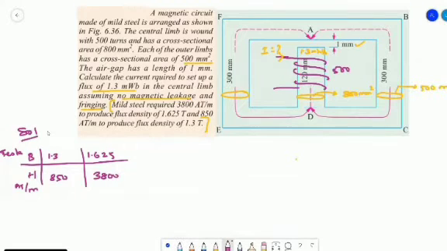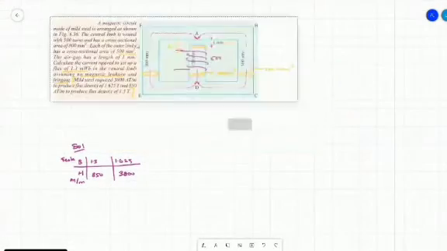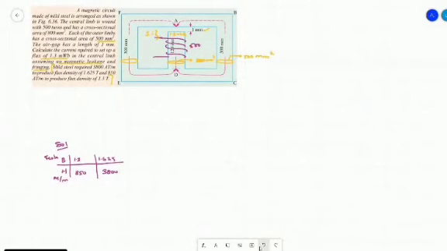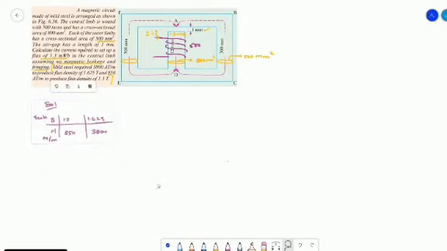So let us solve this. First of all, let us consider the central limb. So central limb in the sense the limb where this coil is wound.